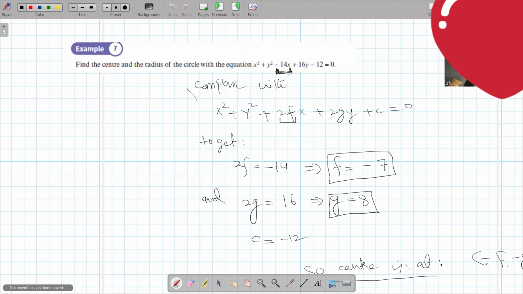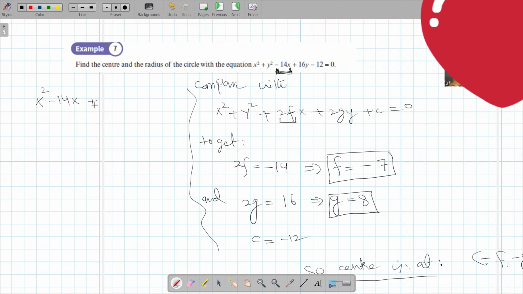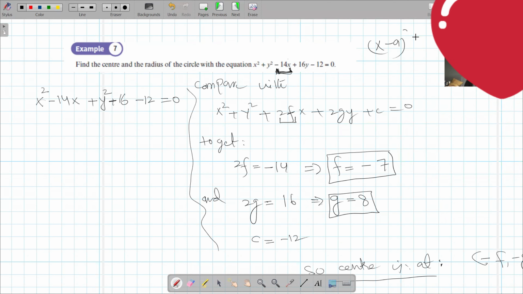Let's discuss the second method as well. What is the second method? We will try to complete the squares, because in the standard form there are squares: x minus a squared plus y minus b squared equal to r squared. This is the standard form.